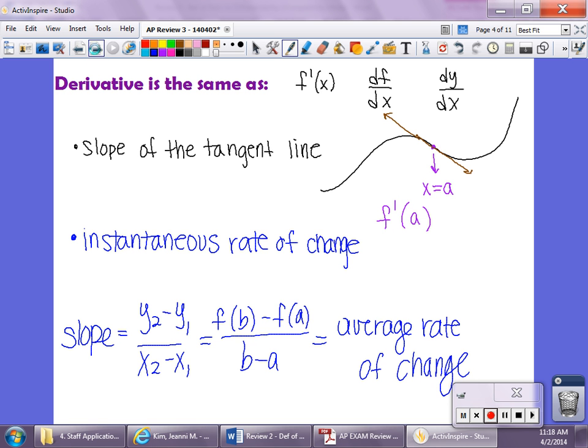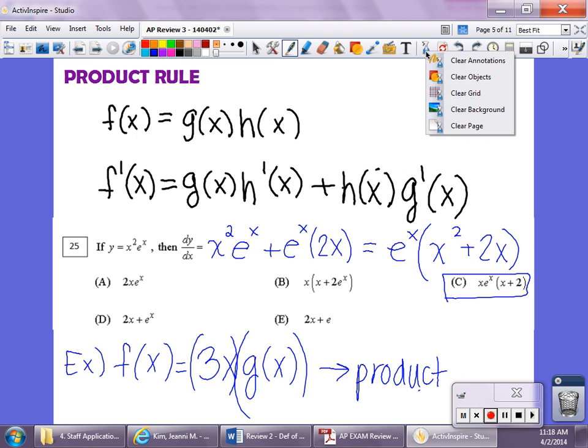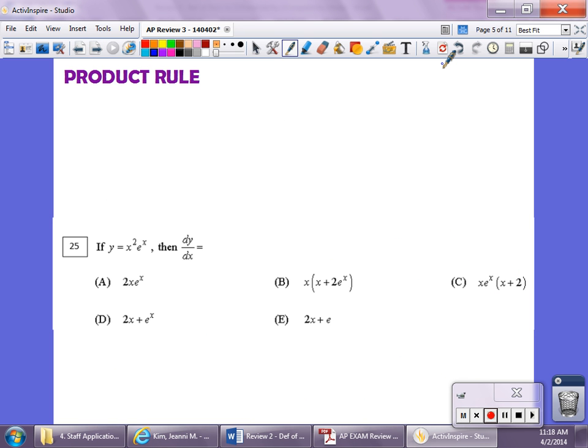All right, now that we have that, we can go through all of our rules. So product rule, I'm going to give it to you in notation to start. So f of x is equal to g of x times h of x. So that would be the function.